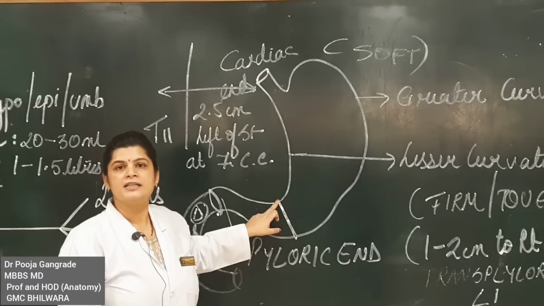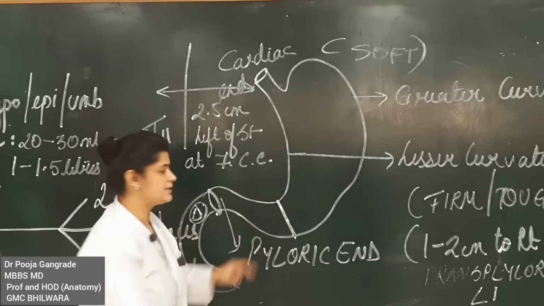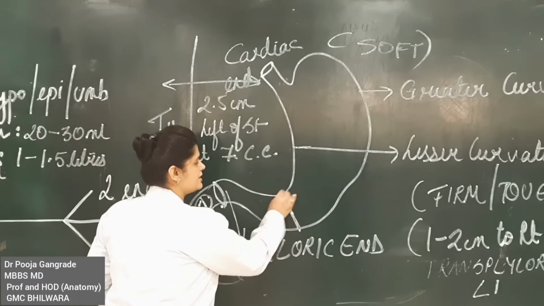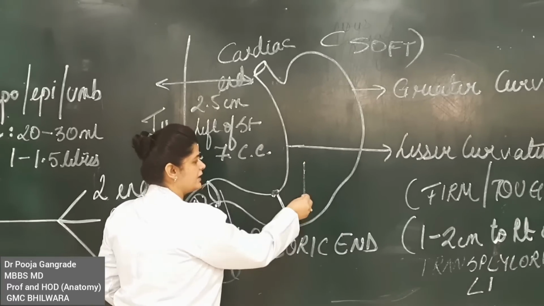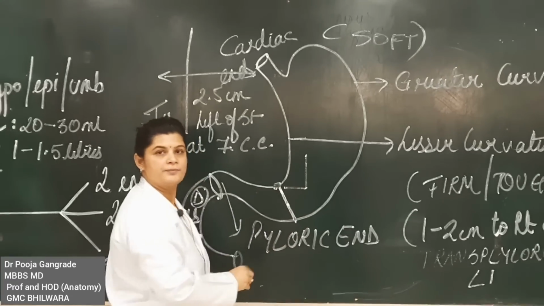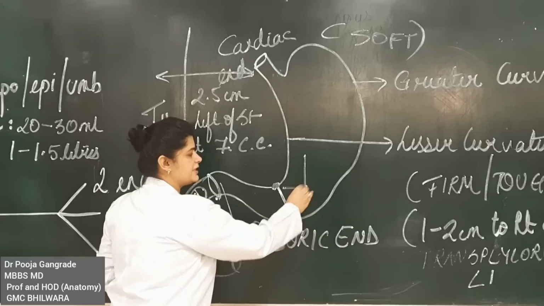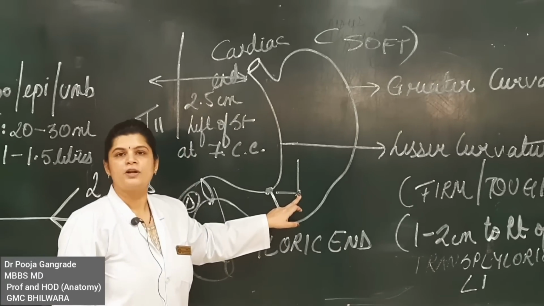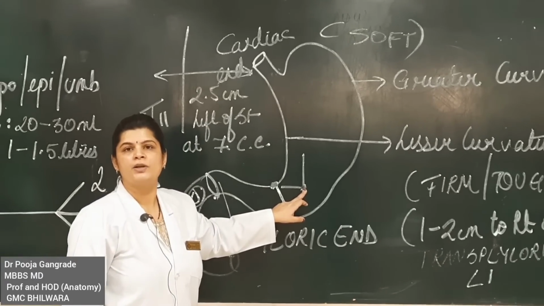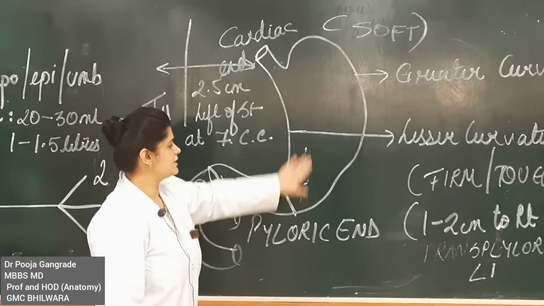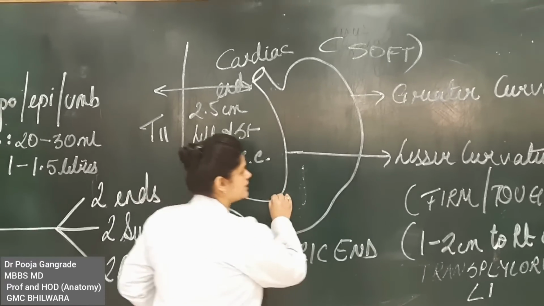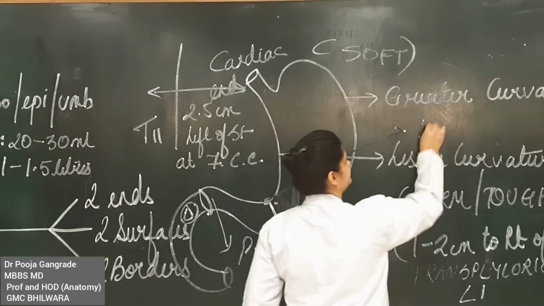This is called as incisura angularis. This point, this junction where the vertical meets the horizontal in a normal person, this is what is called as incisura angularis.